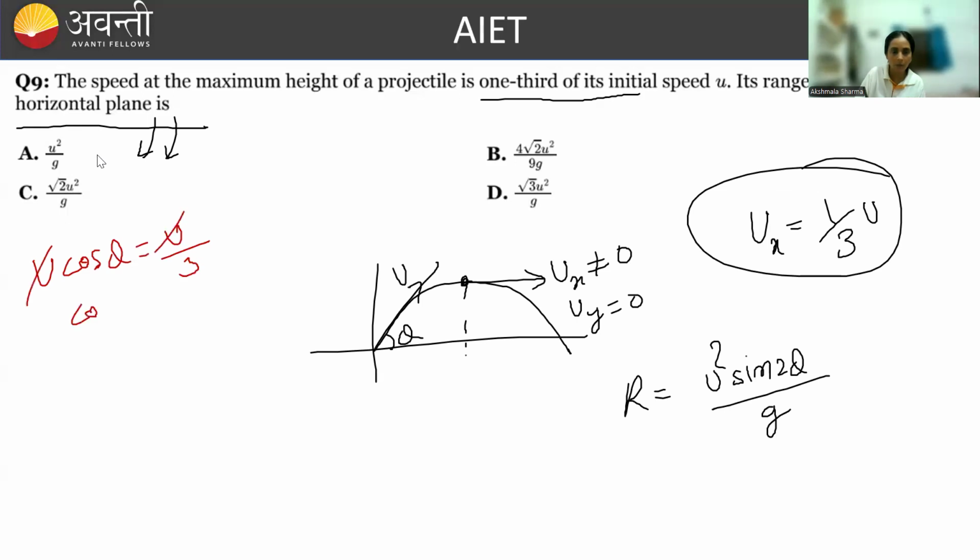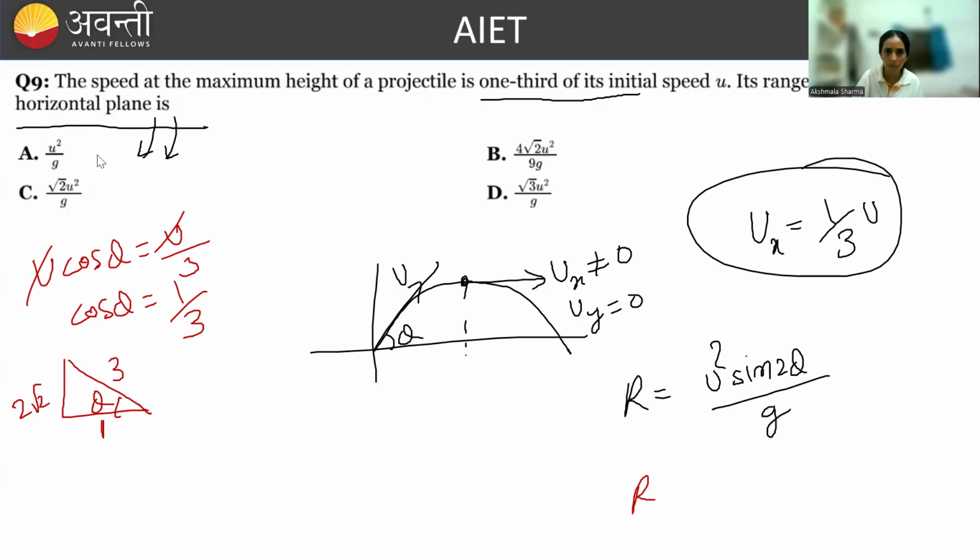U cancels. Cos theta is how much? 1 by 3. Can we calculate sine theta, tan theta? Very easily. Make a triangle. Cos theta is 1 by 3, means 1 is the base, 3 is this. So this will become root under 9 minus 1, that is root 8, so that is 2 root 2. And this is theta. Now let's put the value.